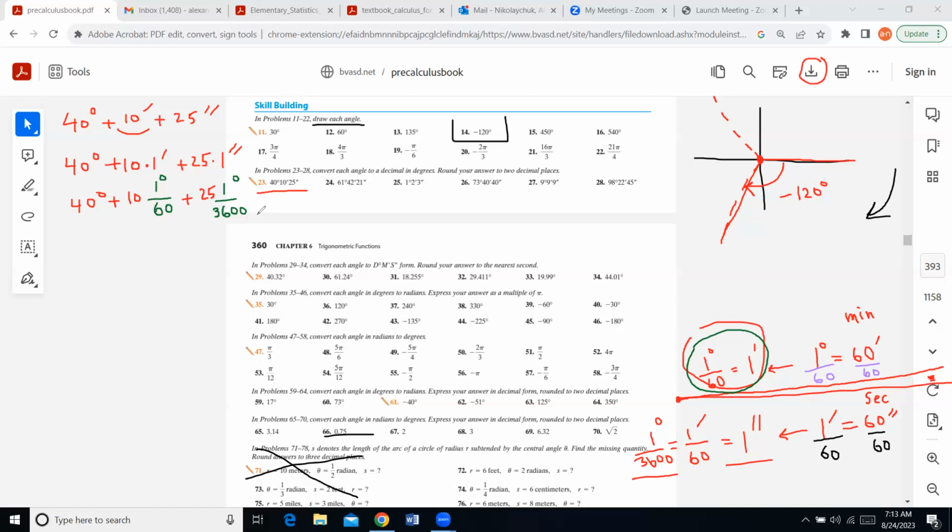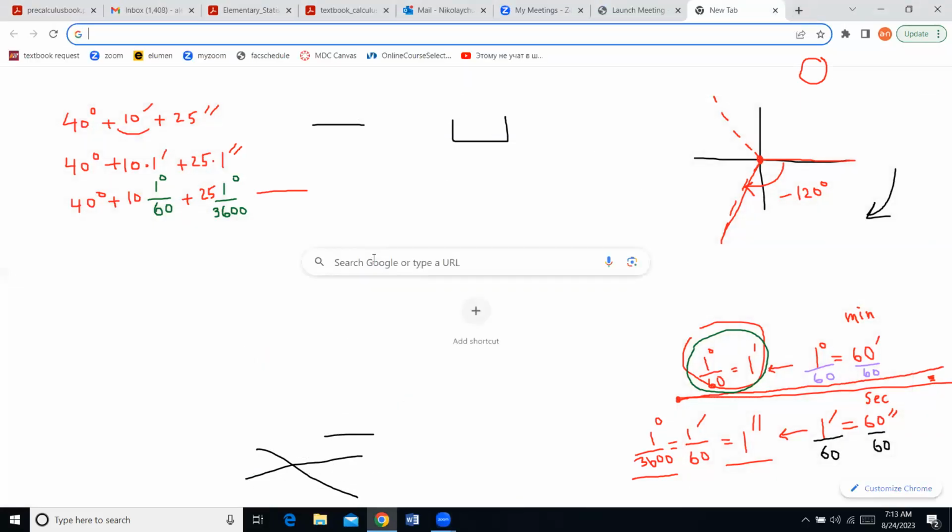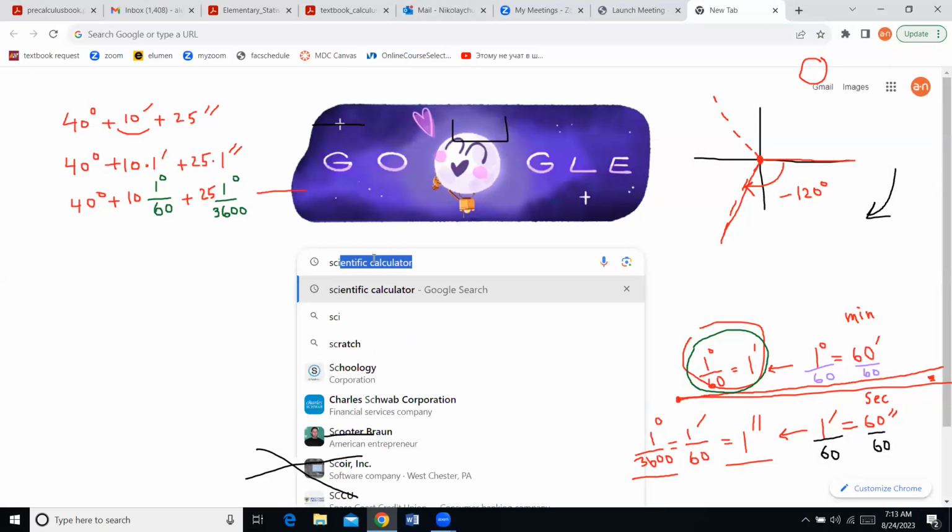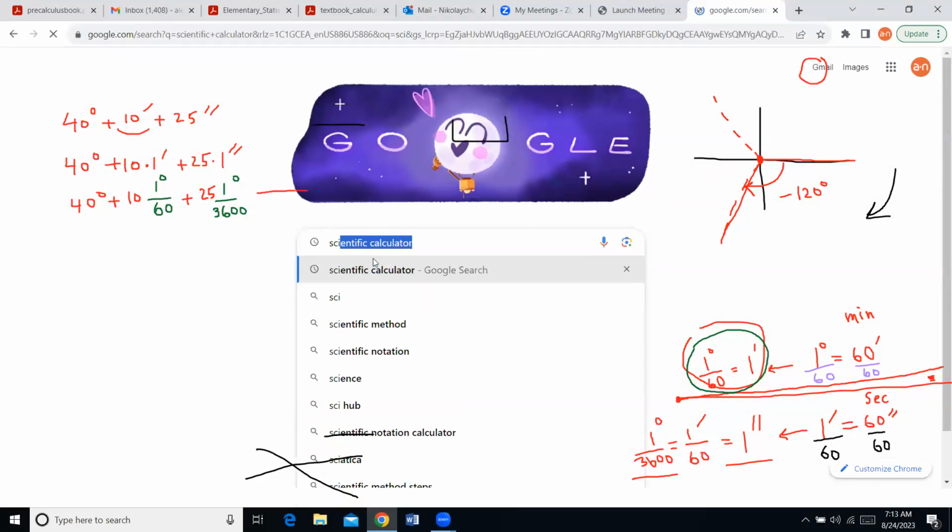And of course, people do this much faster. People just say, okay, instead of 10 minutes, they put 10 60ths. Instead of 25 seconds, 25 3600ths. But again, to do this, you definitely want to use a calculator. So let me show you a free scientific calculator here.